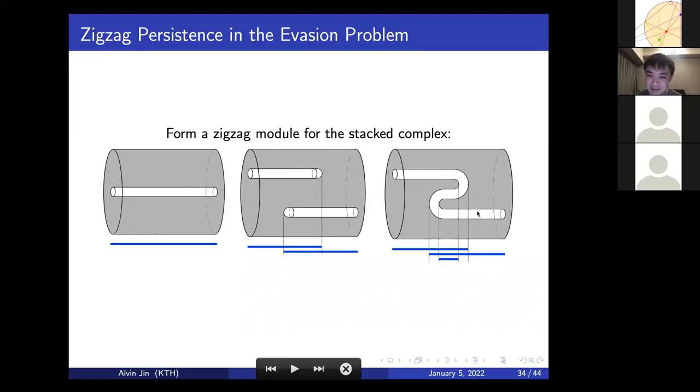And lastly, there's this picture right here. This one is the one that gave Gunnar Carlsson and Henry Adams a bit of trouble. Actually, this was unresolved in Henry Adams' work when he was at Stanford. This is the one that was difficult to deal with.